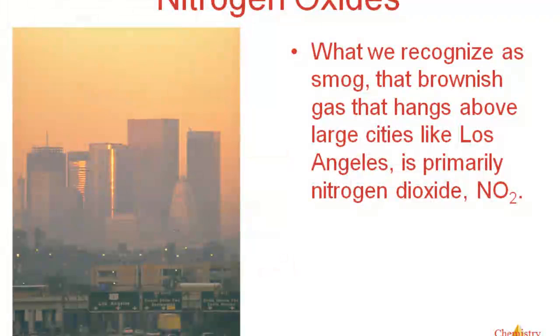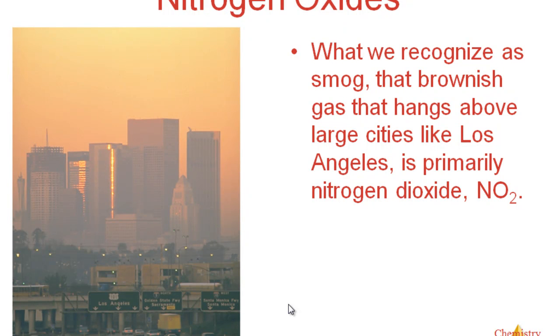Now the next atmospheric gas mixture is oxides of nitrogen. This famous picture is the photochemical smog in Los Angeles. We know that Los Angeles is one of the most polluted cities, air pollution wise.